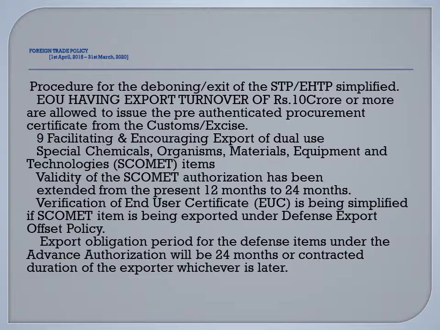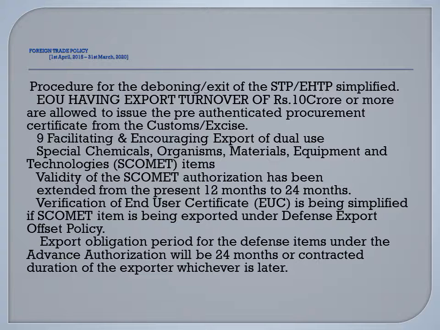Facilitating and encouraging export of dual use special chemicals, organisms, materials, equipments, and technologies, SCOMET items. Validity of SCOMET authorization has been extended from the present 12 months to 24 months.